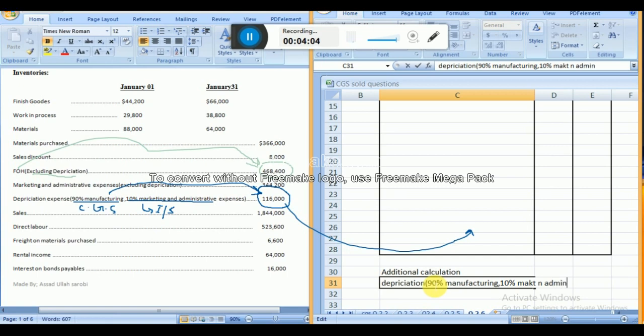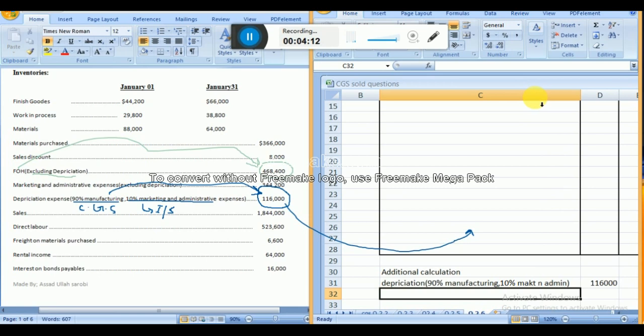So that is a part of the income statement. Now, I need just 90% of this one.